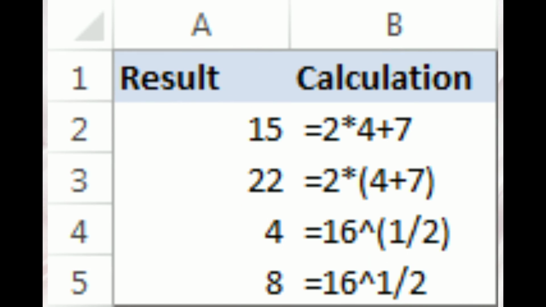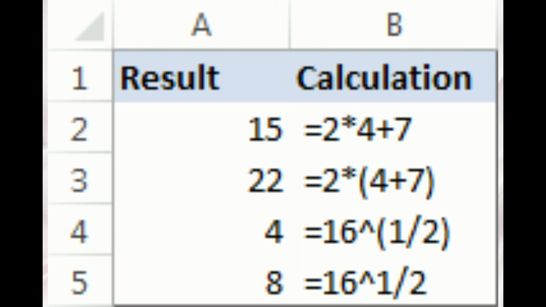As you can see in the screenshot below, the example calculations with and without parentheses produce different results. For example, the calculation equals 2 times 4 plus 7, the answer is 15.